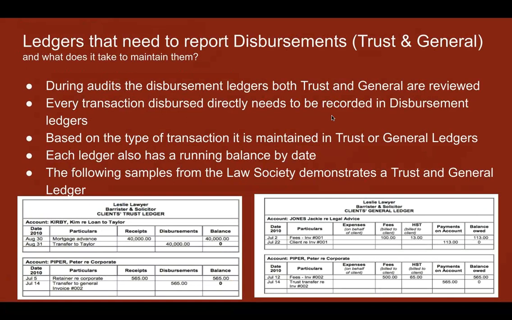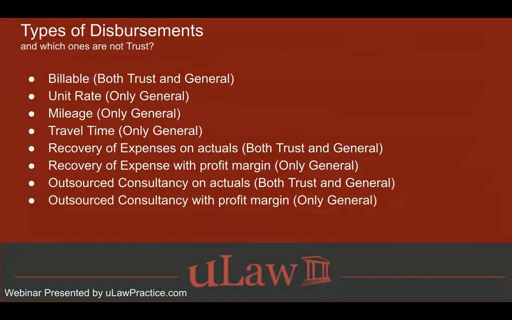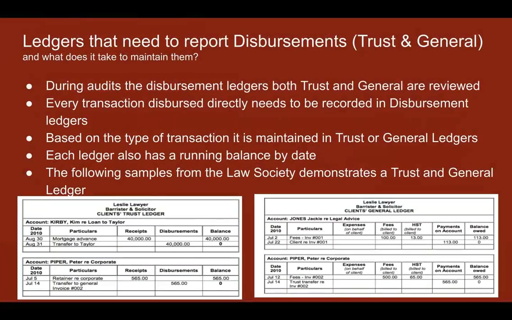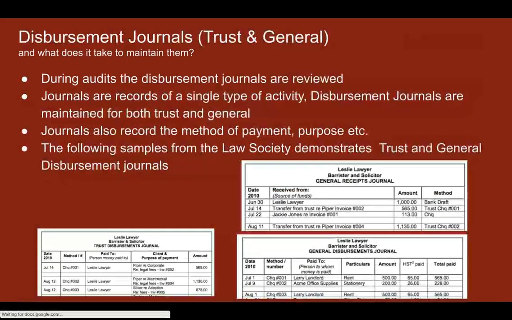Proceeding ahead, that was about the types of disbursement. Proceeding further, we are going to talk about the ledgers that need to report disbursements, especially client's trust ledger and client's general ledger.